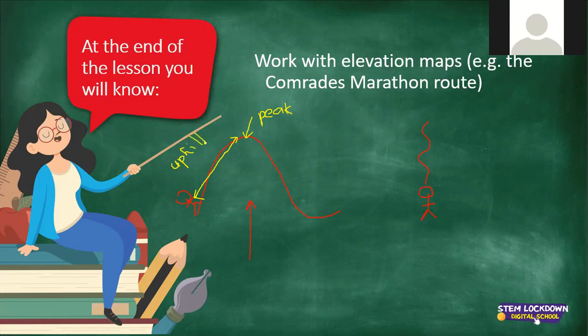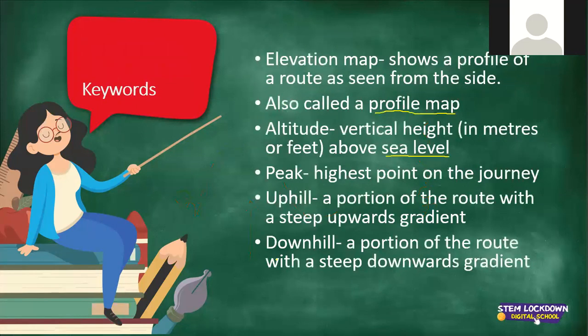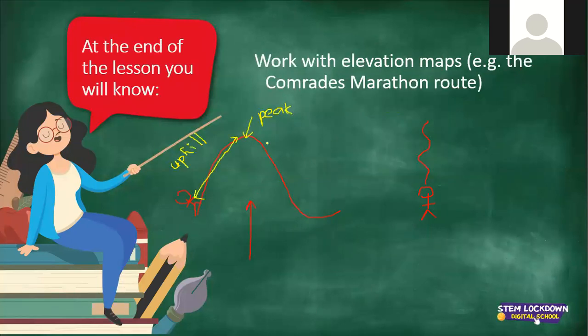Maybe you're mountain hiking or something. And then lastly, a downhill. This is a portion of the route with a steep downward gradient. So in this example, this will be your downhill, right?